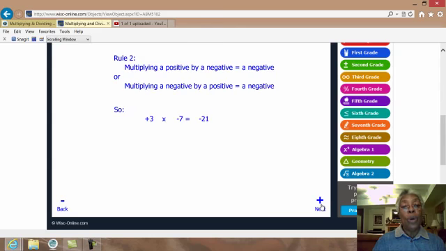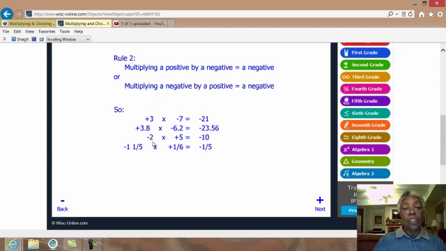Rule 2. Multiplying a positive by a negative equals a negative, or multiplying a negative by a positive equals a negative. So, a positive 3 times a negative 7 equals a negative 21. A positive 3.8 times a negative 6.2 equals a negative 23.56.